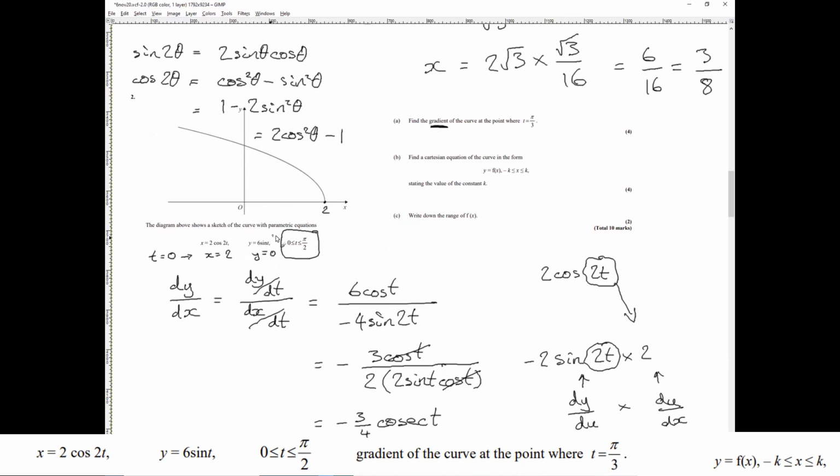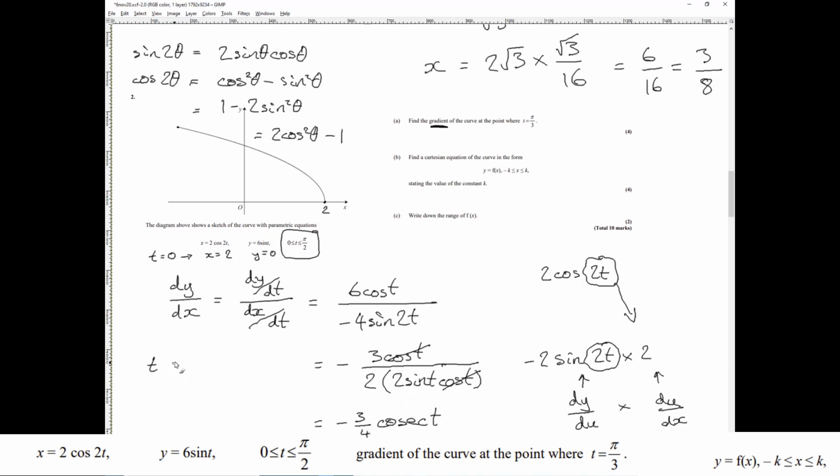And notice it's defined only for t values from 0 up to pi over 2. So we suspect that that's at the other end, don't we? But let's confirm whether that's true. So when t is pi over 2, what's 2t? 2 times pi over 2, which is just pi.